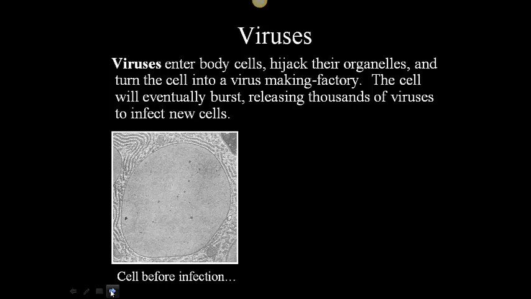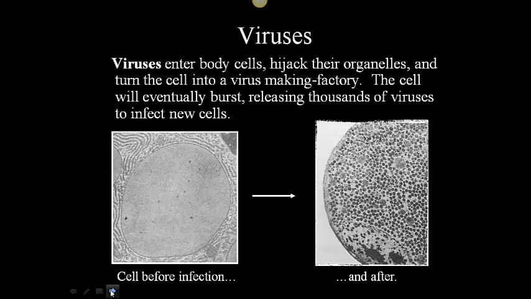So before an infection, a cell might look like this big gray cell, but after a virus has infected it, you can see all these little dots inside of it. All of these little dots inside the cell represent viruses that the cell is making. Eventually, as I said, the cell will burst open, releasing those viruses so they can go and infect some other cells.